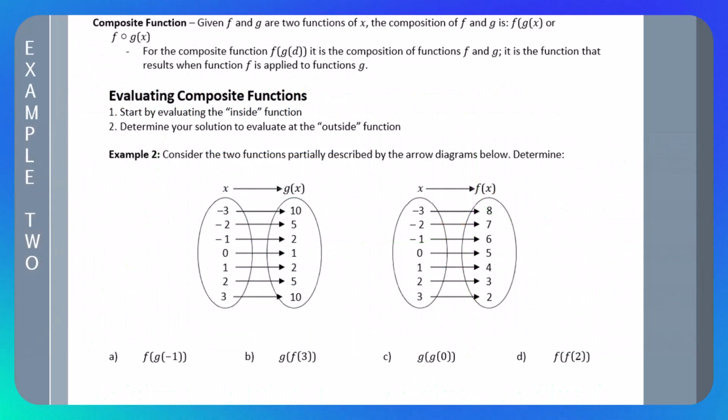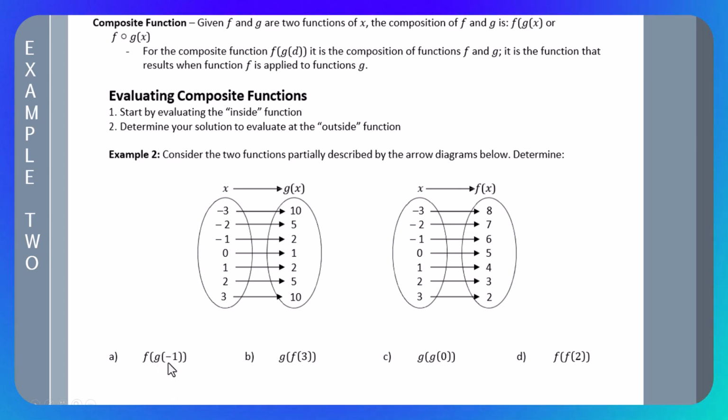Now we're going to evaluate composite functions with sets. We're using the set notation where these are our inputs, our x's, and these are our outputs, our y's, for function g and function f. We're going to consider these two functions, and we're going to combine function g with function f. So we're working from the inside out, or right to left.